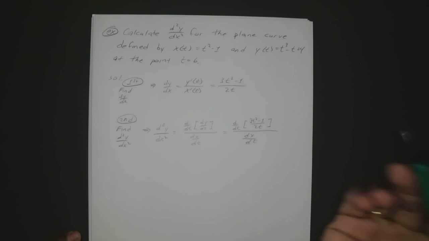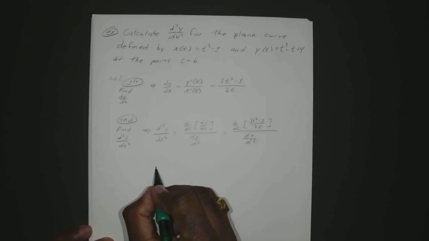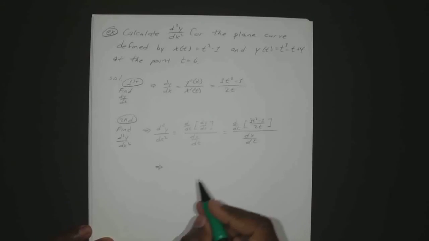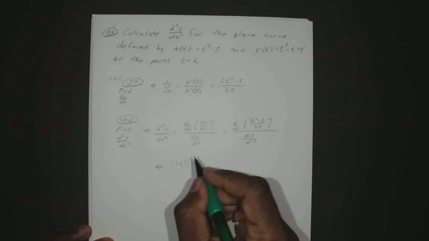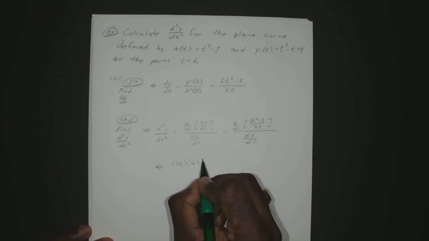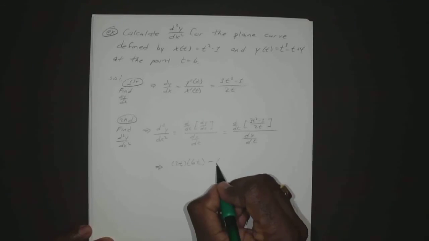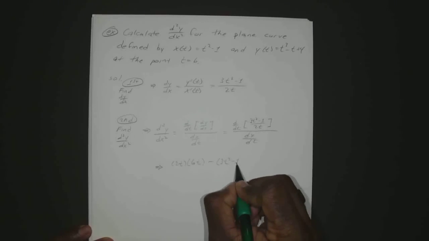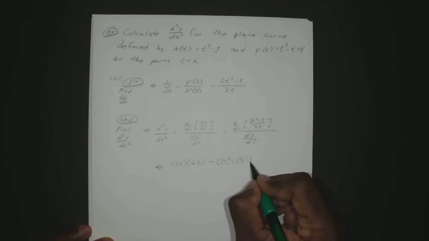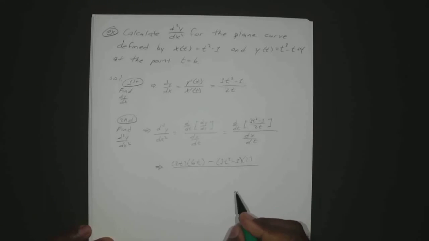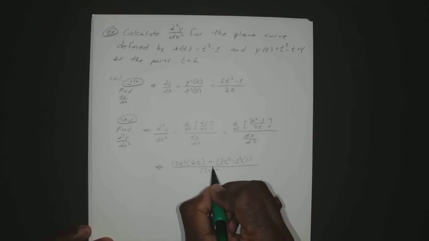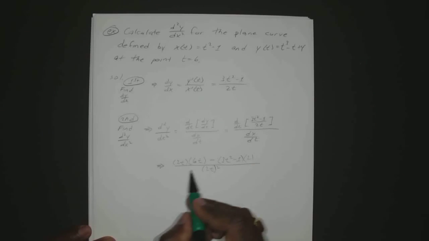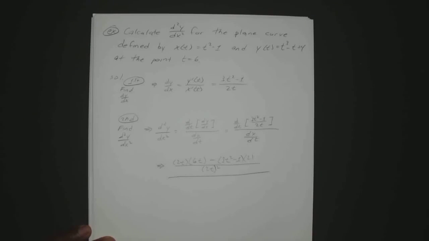Okay, so all we have to do here is the quotient rule. So you have your denominator times the derivative of your numerator, which is 6t, minus your numerator times the derivative of your denominator, all over your denominator squared. So 2t squared, and that's divided by your dx dt, which is 2t.